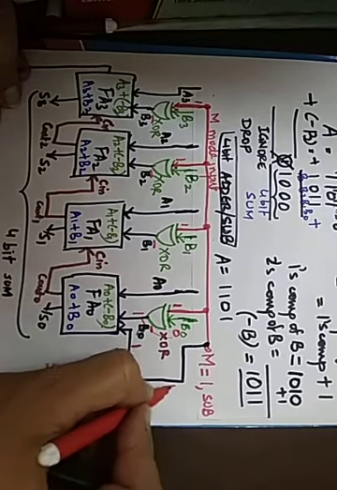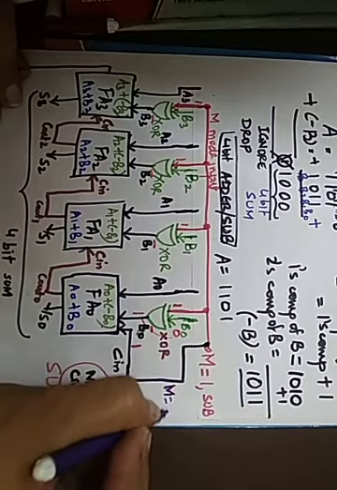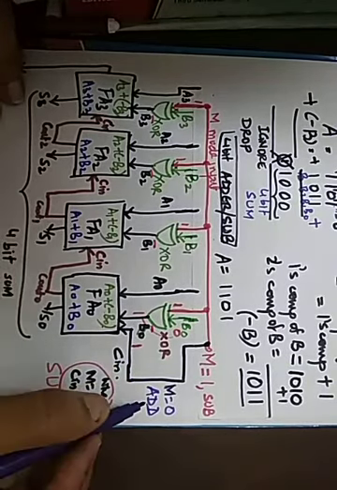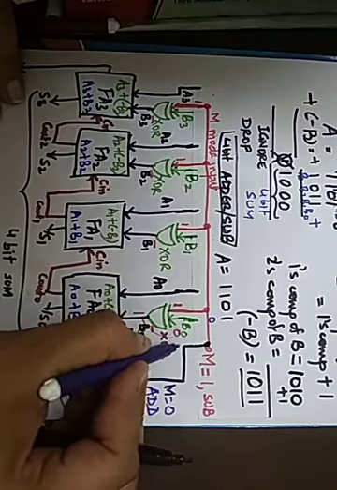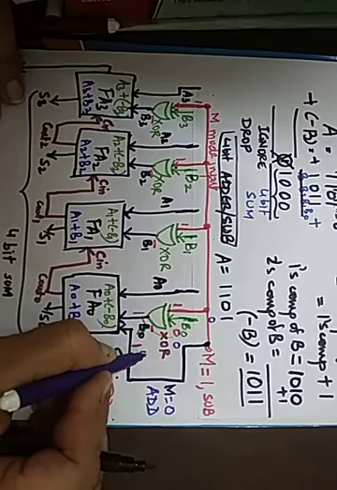So when M is 1, this performs the function of subtraction. Now let us see what will happen when M is 0. When M is 0, the circuit will add. Just try to visualize. If the M is 0 and the B0 is 0, 0 and 0 will give you a 0 here.